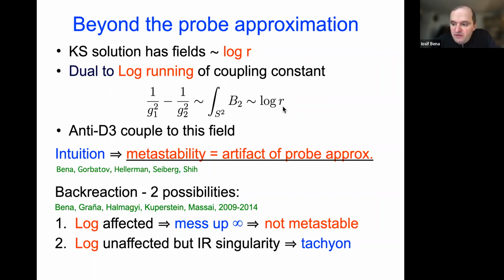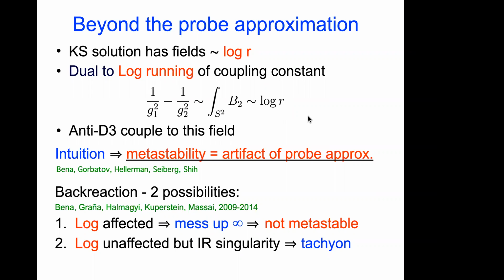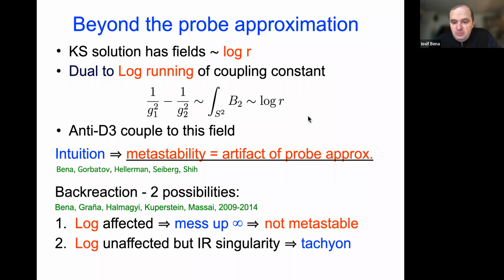If you look at the holographic theory, the radius behaves like the energy. So B goes like log of R. If you translate to field theory, it tells you that 1 over g1 squared minus 1 over g2 squared goes like the log of the energy divided by some cutoff. And that's exactly the running of the coupling constant in four-dimensional gauge theories. That gives you a function.